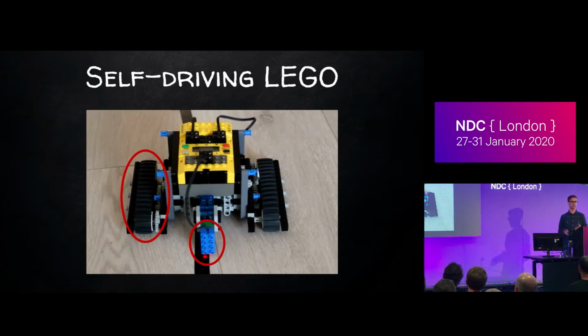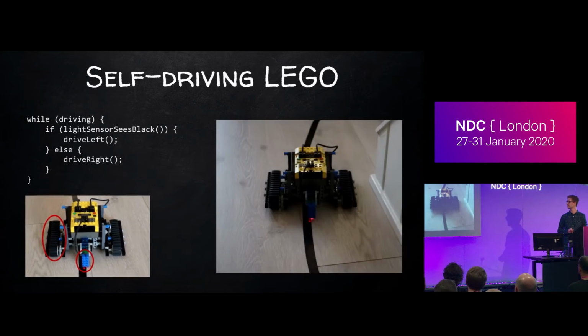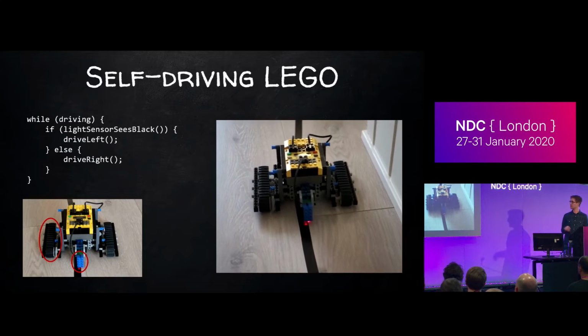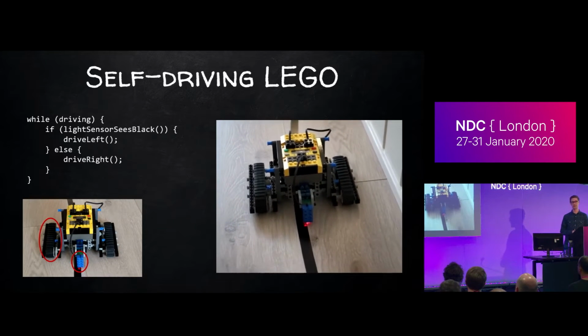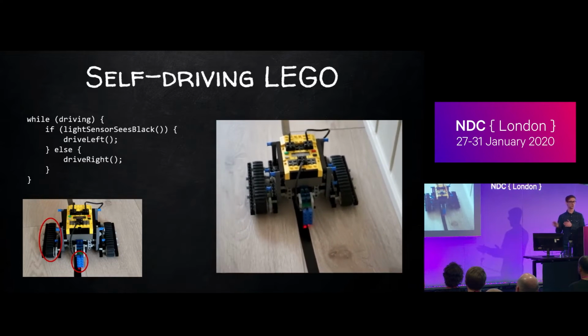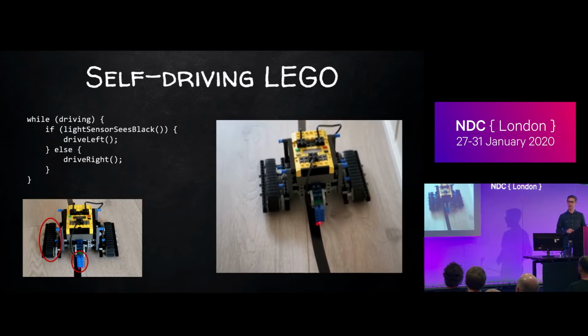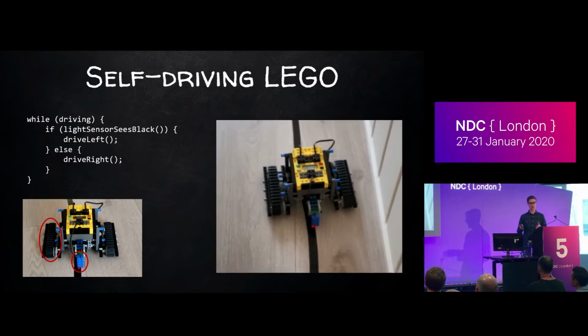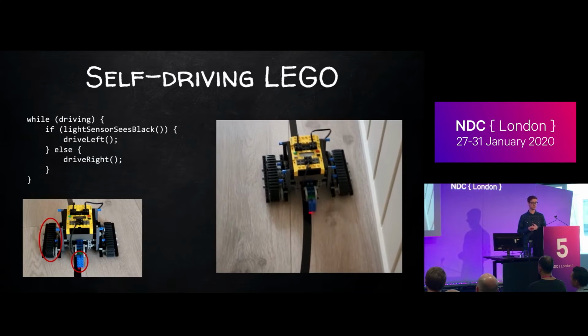And with this and a very simple algorithm, you can actually make this car drive by itself. The algorithm says that when the light sensor sees black, then go left, otherwise go right. And it actually makes the Lego car here move, and it follows a black line.